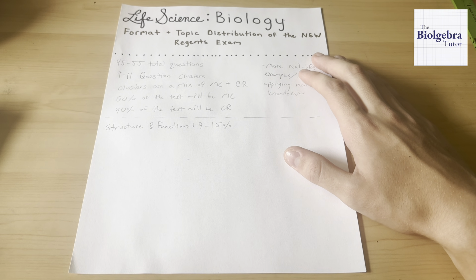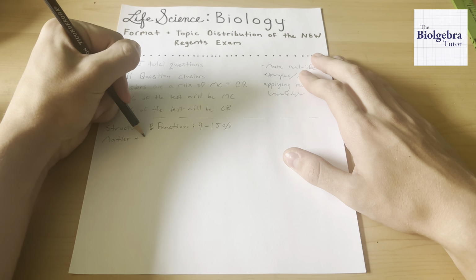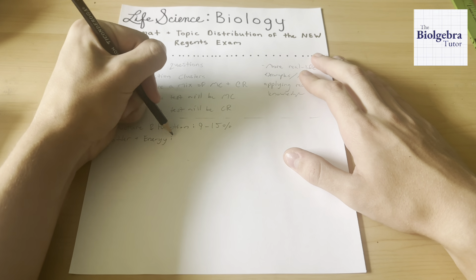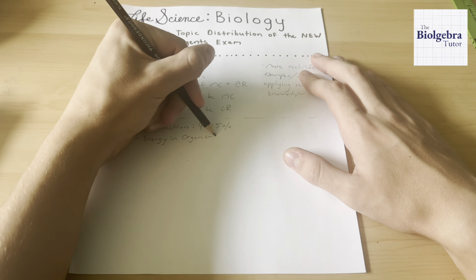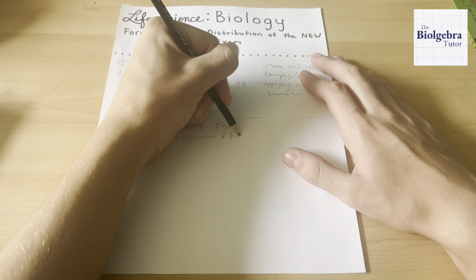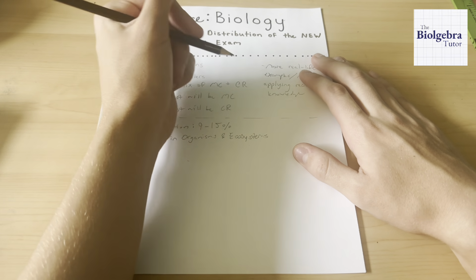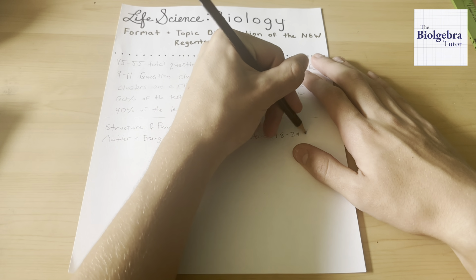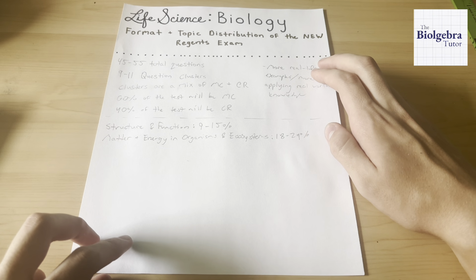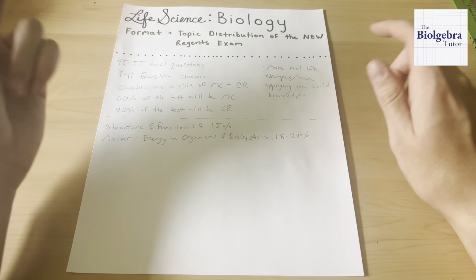The next topic is matter and energy and organisms and ecosystems. This is going to be between 18 and 29%. So that is going to be the most focused on unit in the whole Regents exam.